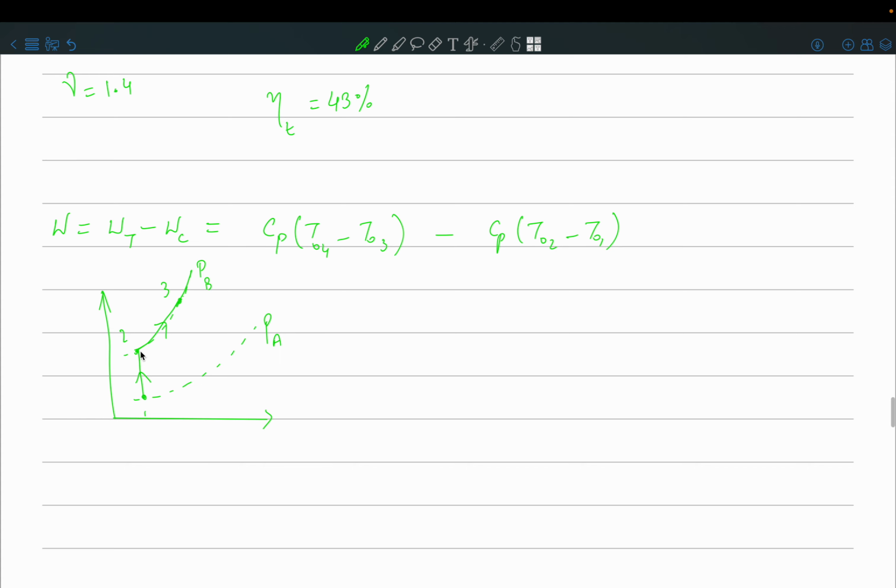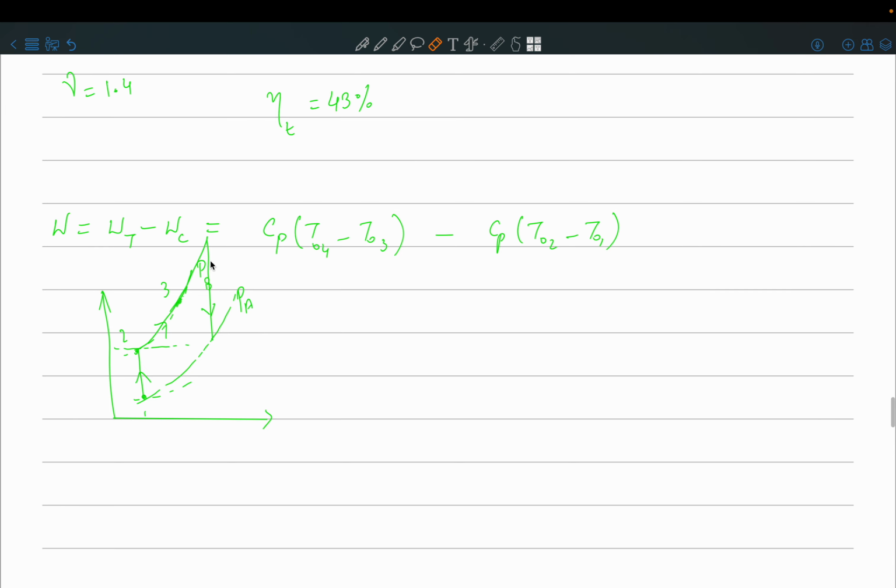So okay, ideal situation, we also want this temperature to remain same, so then the combustion will go all the way up till here and then come down like this, but the pressure ratio will remain same. Okay, I haven't drawn the pressure lines correctly, so this is PA. Did you understand, or should I redraw?